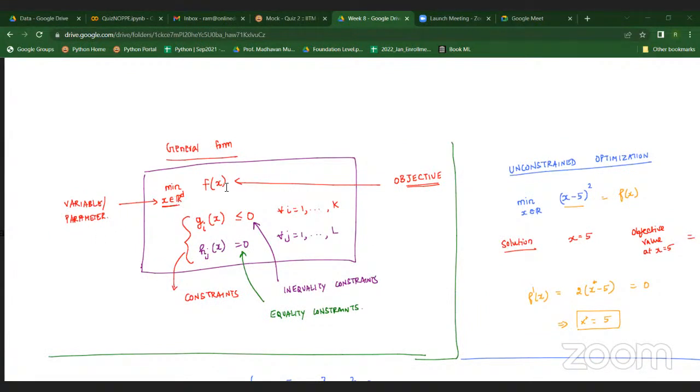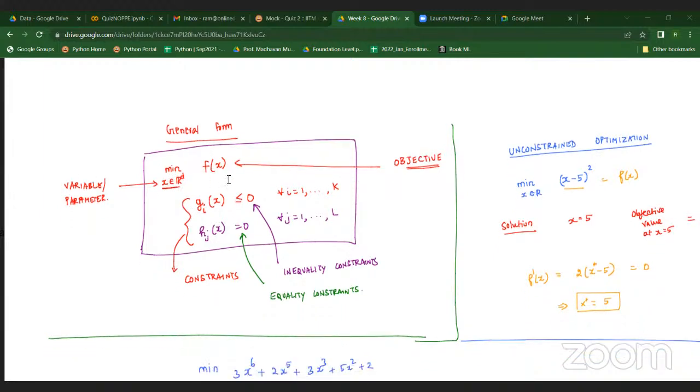It could be an objective function which you want to minimize: f of x, whose overall value we need to minimize. This function depends on x, and this x could be a single variable, or it could be a vector of d dimensions.